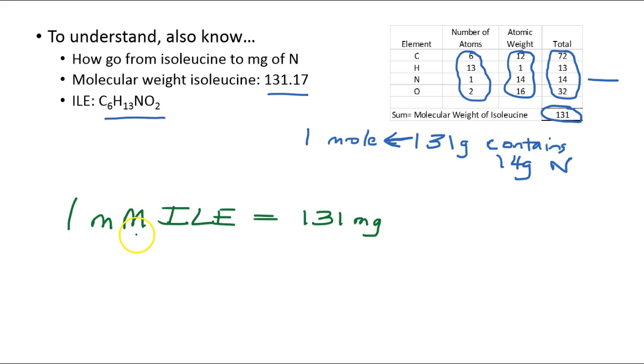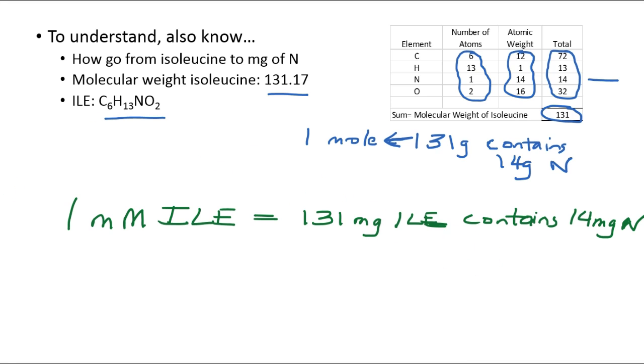Millimolar is 1/1000th of a molar, so we would have 131 milligrams, or 1/1000th of a gram, of isoleucine, and that contains 14 milligrams of nitrogen, right? So for every 1 millimolar concentration of isoleucine in our standard solution, we have 14 milligrams of nitrogen.